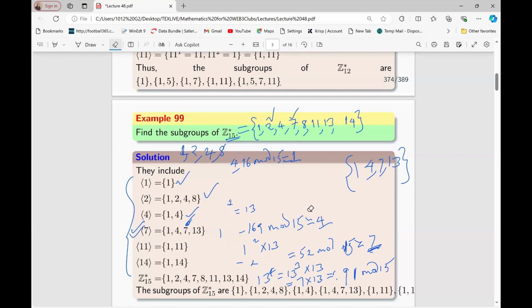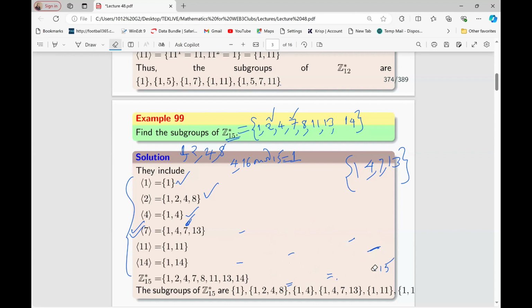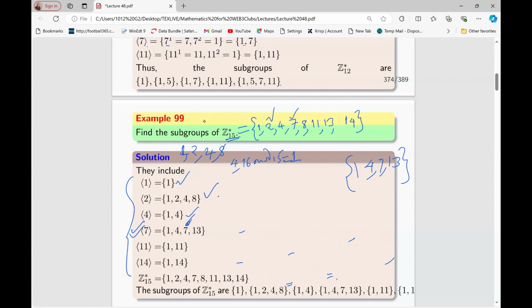Now, let's look at the subgroup generated by 14. Again, we multiply 14 several times until we get the identity element. The first time, we multiply 14 just once. That gives us 14.